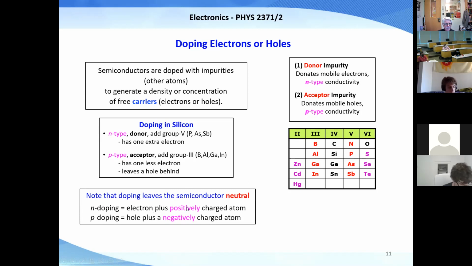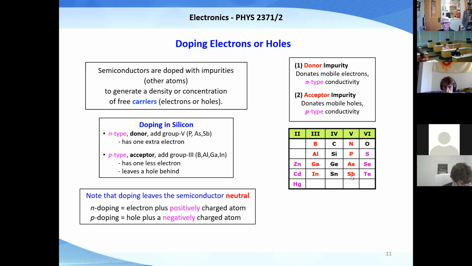Something that you should also be aware of is, okay, you're putting an electron in, right? But think about this: if I take a piece of silicon that's pure and it's not charged, there's the same number of electrons and protons, so it's uncharged.